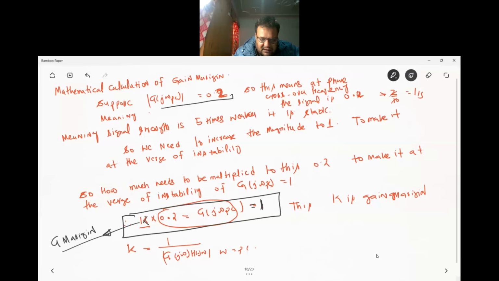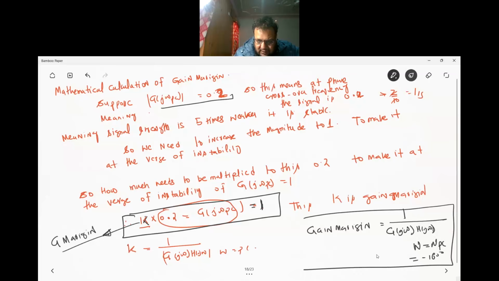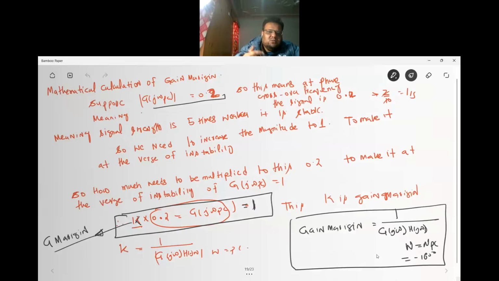So my gain margin can also be written as 1 by G(j omega) H(j omega), but one condition is that omega should be equal to omega pc, that is, where the phase is minus 180 degree. So this is the formula for the gain margin.